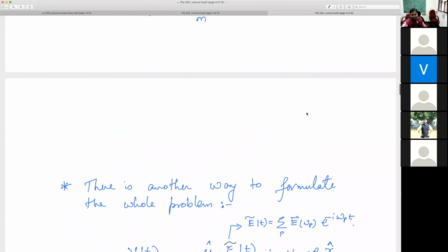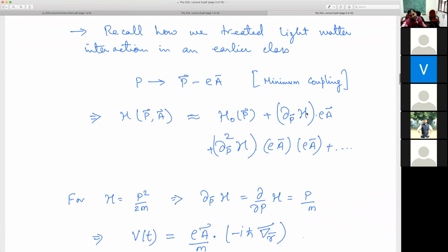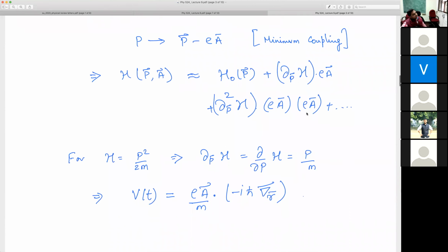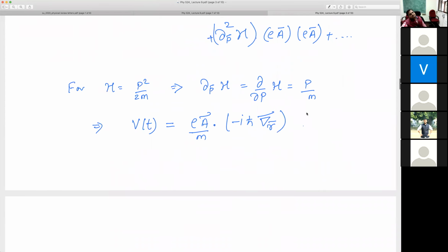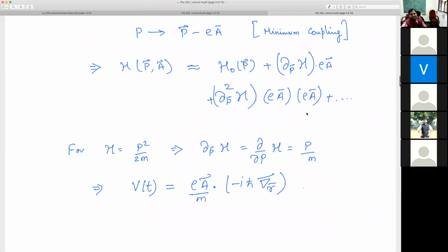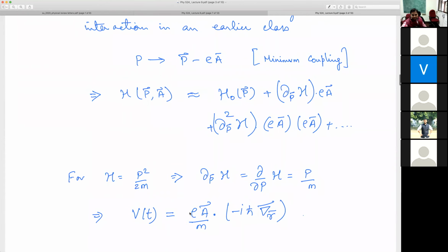Velocity gauge, sir, position gauge. Just a little confusion: where we are expanding the Hamiltonian in a Taylor series, we would basically do 1 by 2m into p squared, where p is replaced by p minus eA. So there is a minus sign. So I may have missed the minus sign, you may be correct actually. So I have missed the minus sign here.